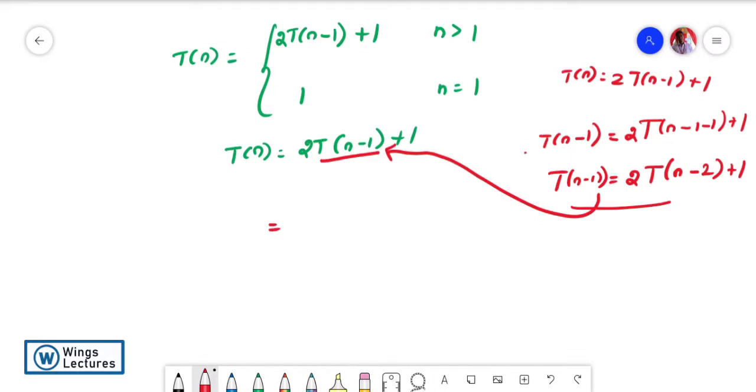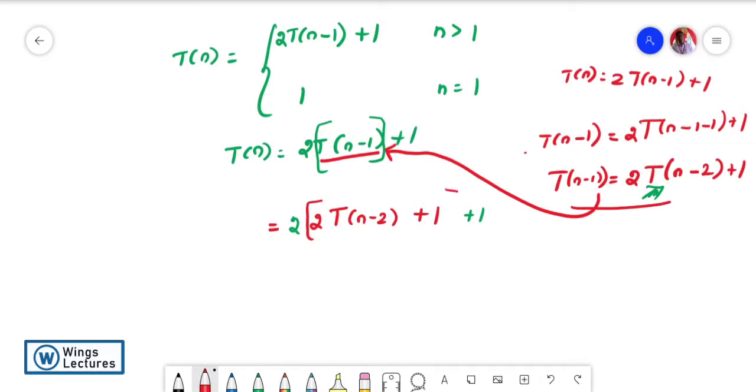So what would be the value? Already we have 2, I'll change the color for better understanding. Already we have 2 and plus 1, right? So instead of this part T of n minus 1, I'm going to apply this value. Okay, so what is the value? Wait, let me write in red color, then you will get a clear idea. So 2 T of n minus 2 plus 1, right?